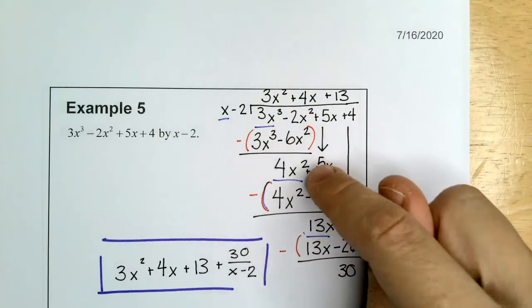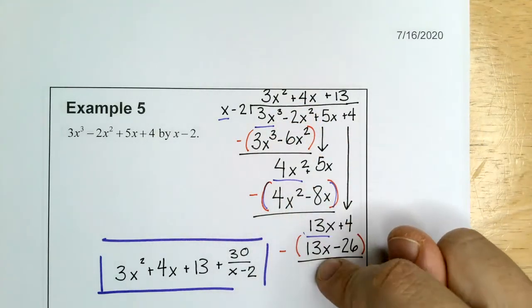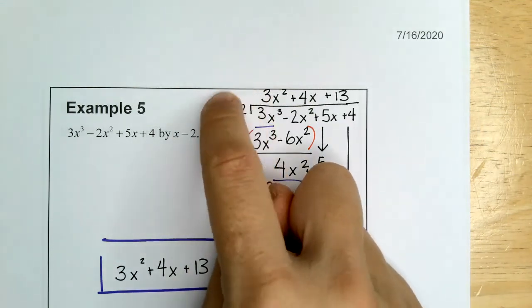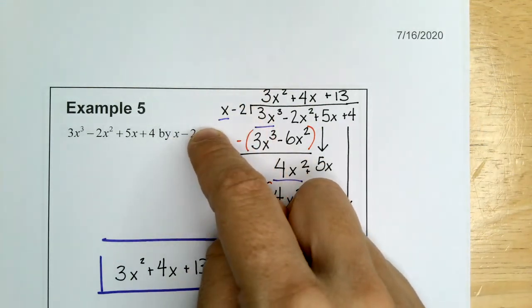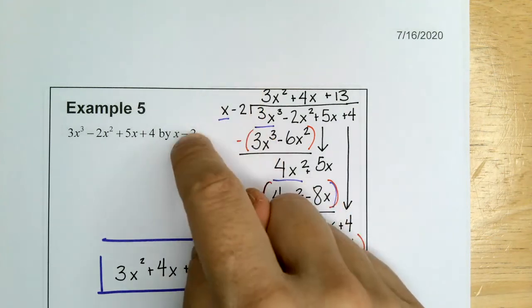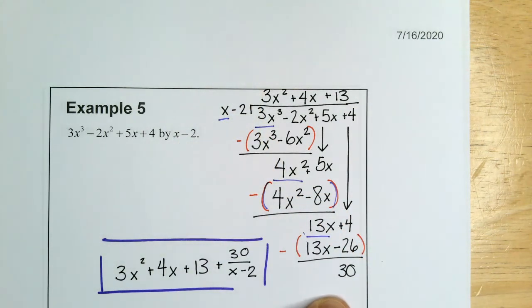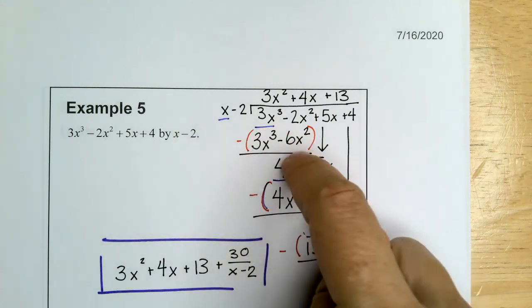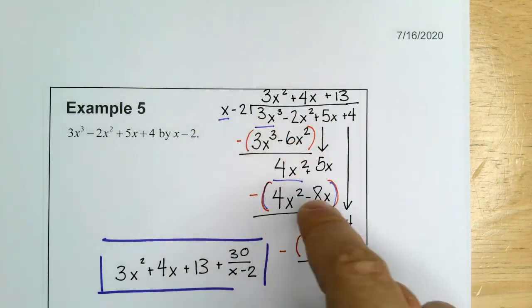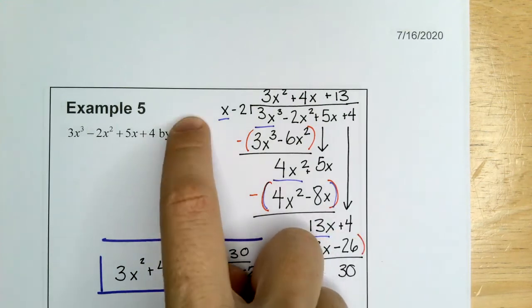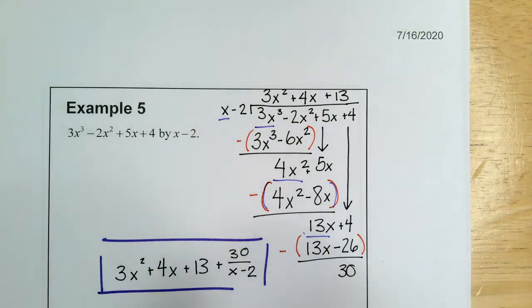This term canceled, this term canceled, this term canceled. That was our first term, so it's kind of like we didn't even need that. So what we're saying is we don't need the x and we need the 2 to be positive, and then we can just do it really fast, right? Because every subtraction made the 2 into its opposite. So I'll just say plus 2 and there is no x. It sounds confusing, but after we do a few examples, you'll understand a little bit better what I'm saying.